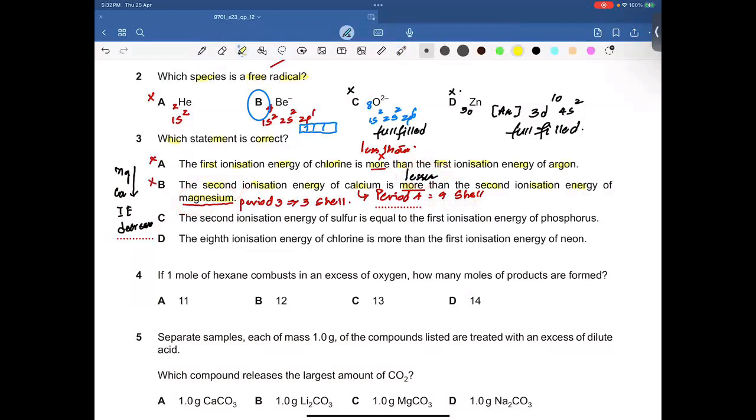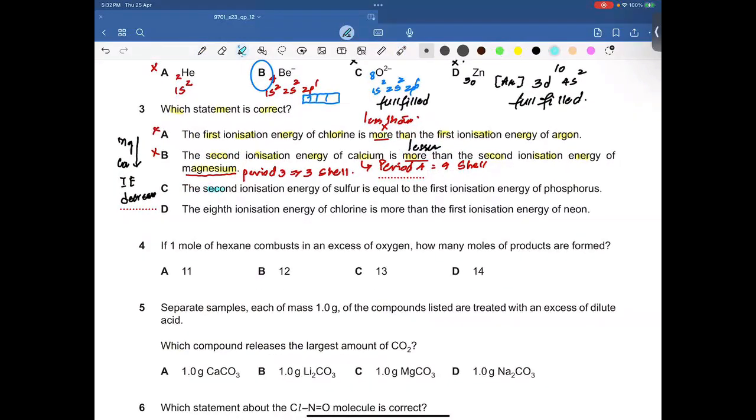Let's talk about C. The second ionization energy of sulfur is equal to the first ionization energy of phosphorus. The second ionization energy of sulfur. So the examiner is talking about this thing. Now, one electron is removed from the gaseous monopositive ion of sulfur.